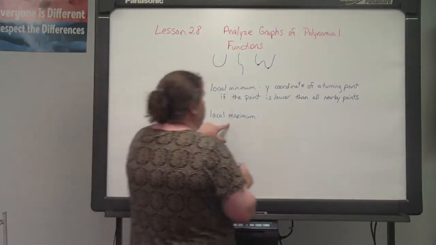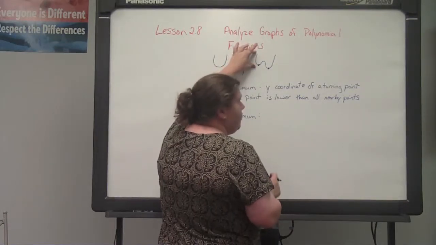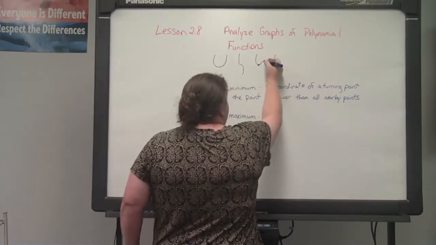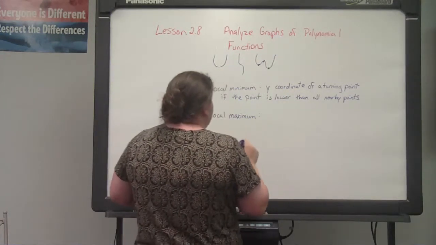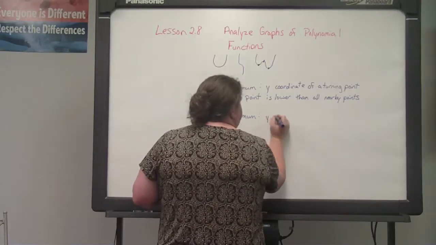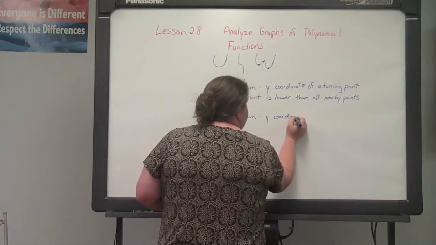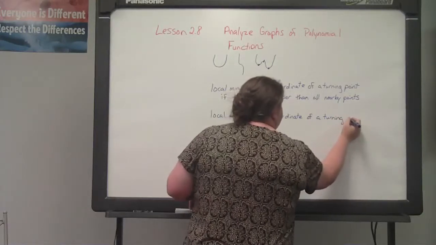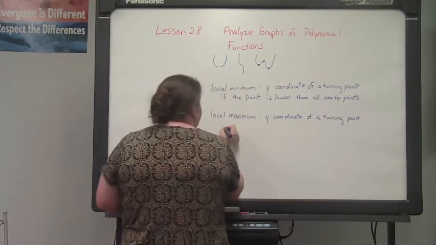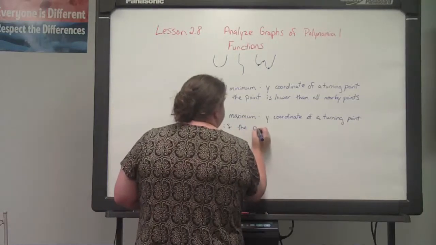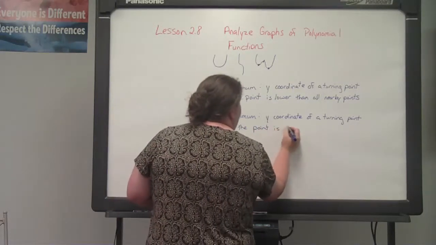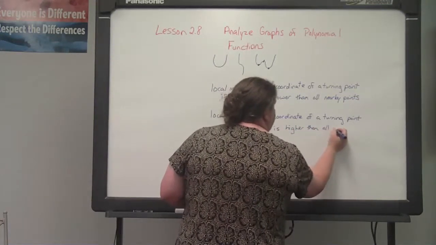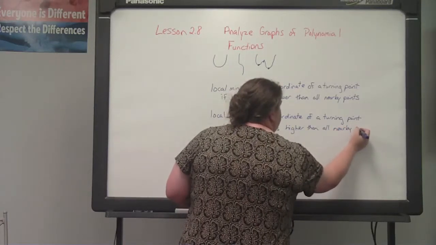The local maximum, again, if I'm looking at this form or this shape of a graph, the local maximum is going to be this part right here, because it is the y-coordinate of a turning point if the point is higher than all nearby points.